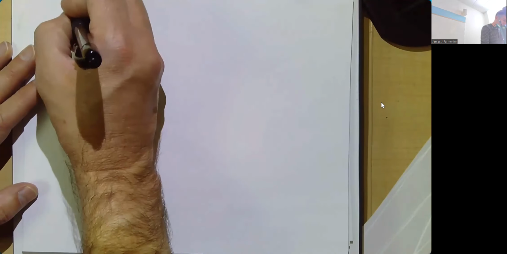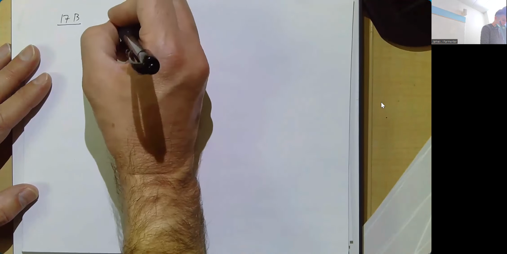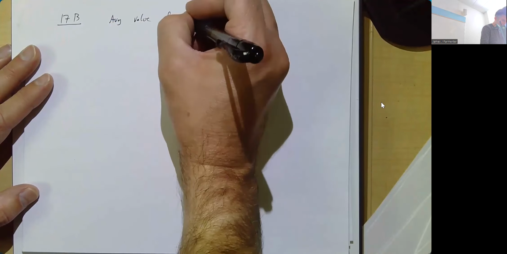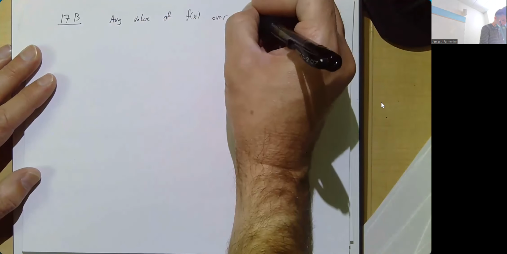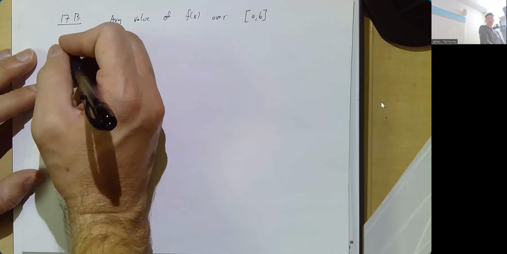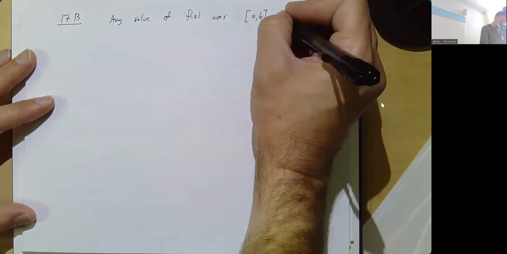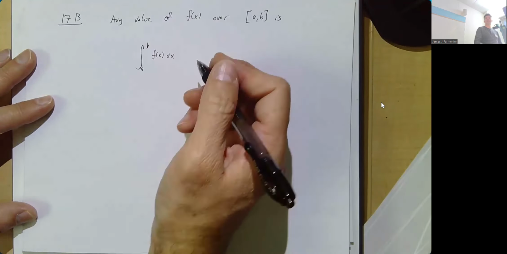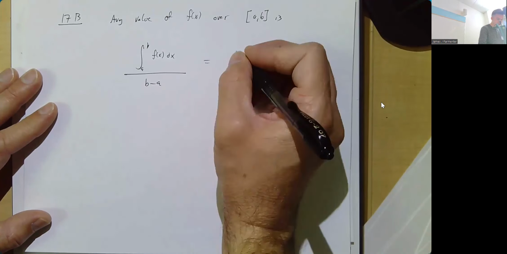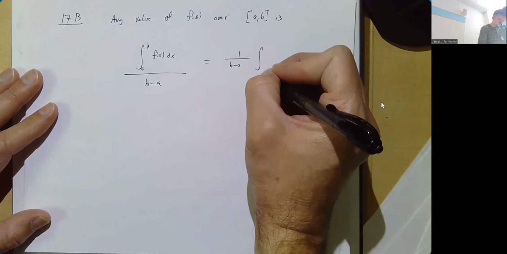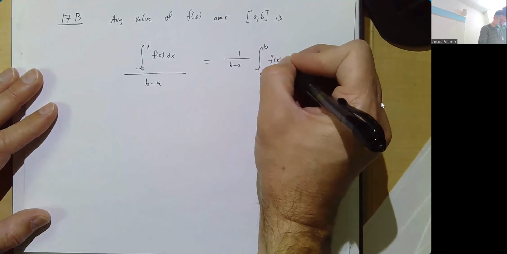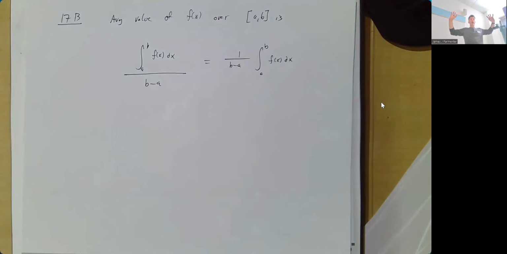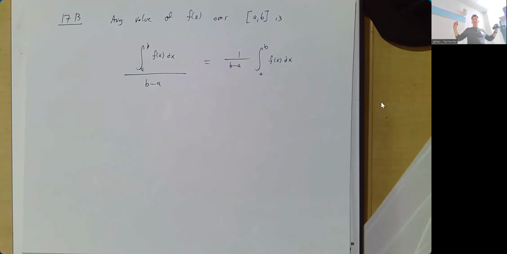In 17b, the average value of a function over an interval is just the area under the function divided by the length of the interval. Or as more people write it, 1 over b minus a times that. You're essentially taking the total area and dividing by the length to say, if everything was at the same height, that would be the height you would get.